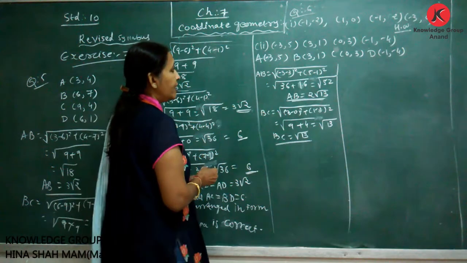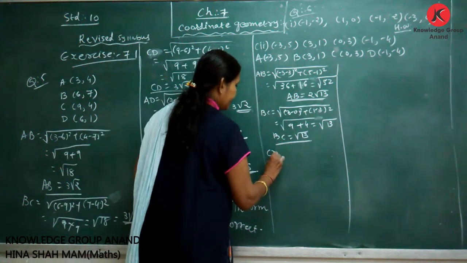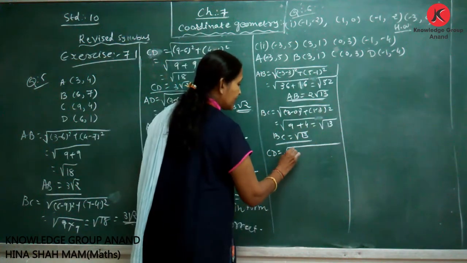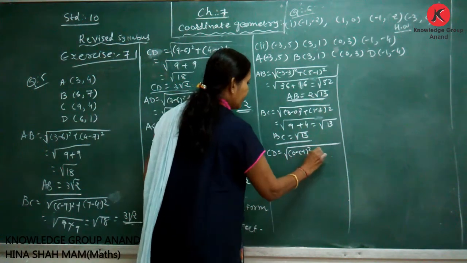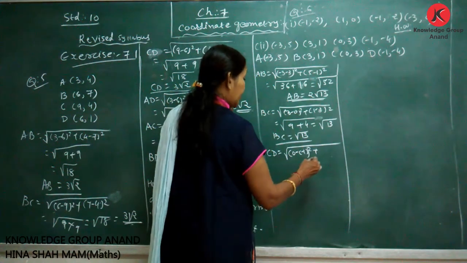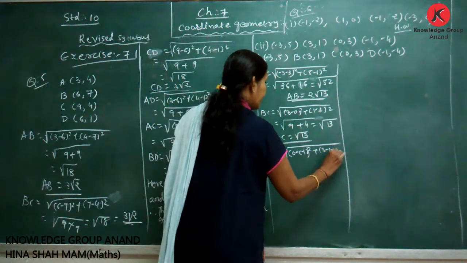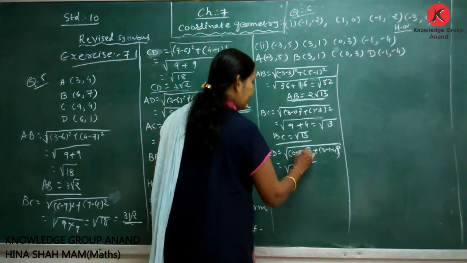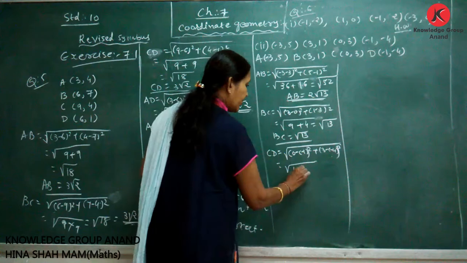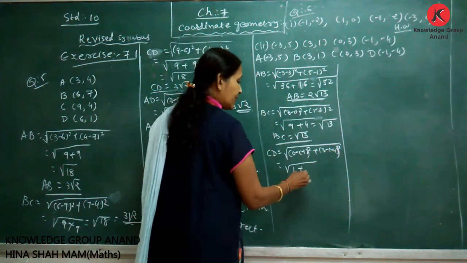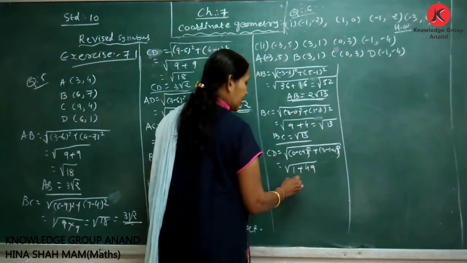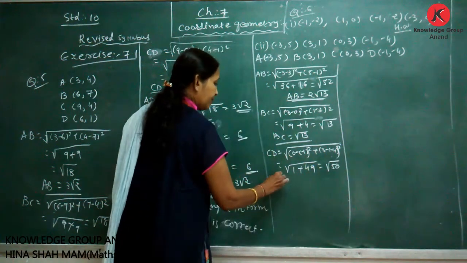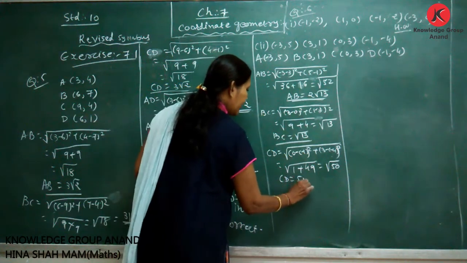The third side we find is CD: (0 minus 1) square plus (3 plus 4) square, equals 1 plus 7 square, 49, equals root 50, which is 25 times 2. CD is equal to 5 root 2.